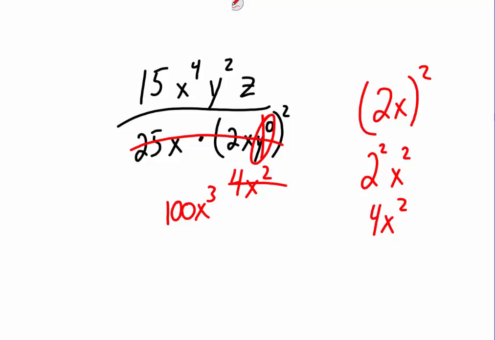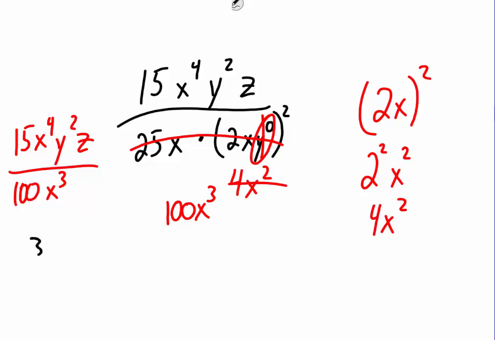So now our problem looks like 15 x to the fourth y squared z over 100 x to the third. Well, now we just reduce the number. So let's see, 5 goes into both of these, 3 and 20. So 3 and 20.